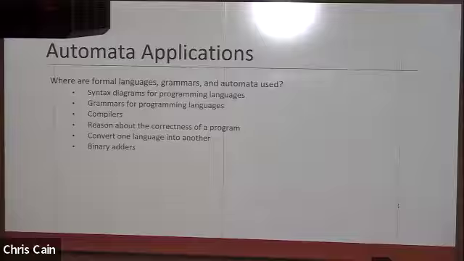I wanted to give you an example of a transducer here. I guess a couple of these are transducers. Converting one language into another is a transducer. A compiler is a transducer. But lots of potential applications. Any questions before we move on to our first automata type?